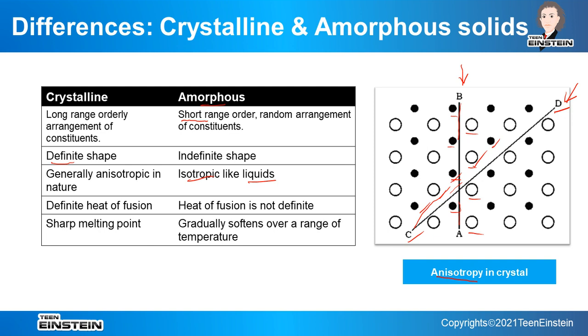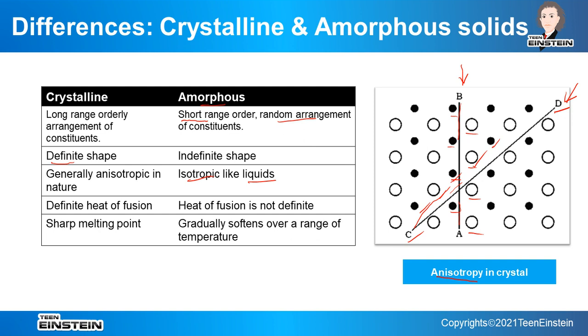Now isotropic means that if we consider some physical property like electrical potential or refractive index, all these physical properties for amorphous solid are the same in any direction. Now one question may arise: though there is random arrangement in amorphous, then why are the properties isotropic?